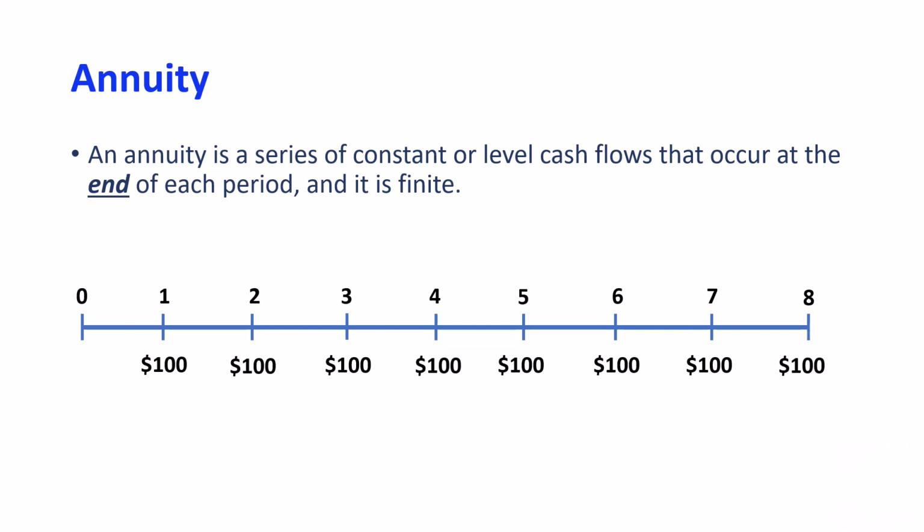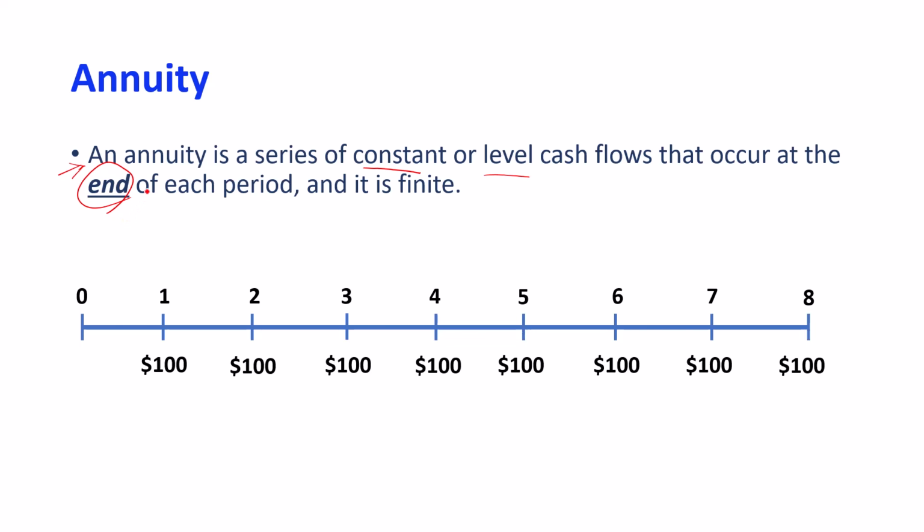As you can see, here's the definition for the annuity, which is pretty straightforward. An annuity is a series of constant or level or equal cash flows that occur at the end of each period, and it's finite. There is another type of annuity in which the cash flows happen at the beginning of the period. That's called annuity due, which I'm going to cover in the next video.